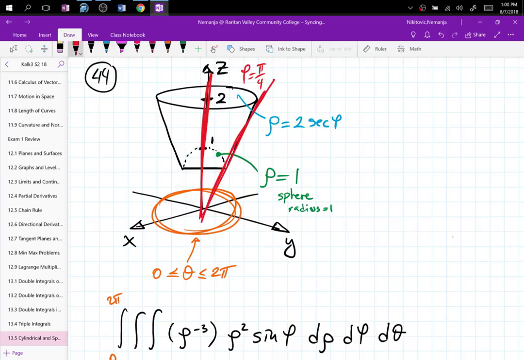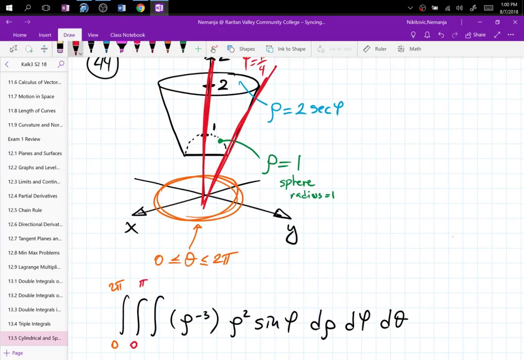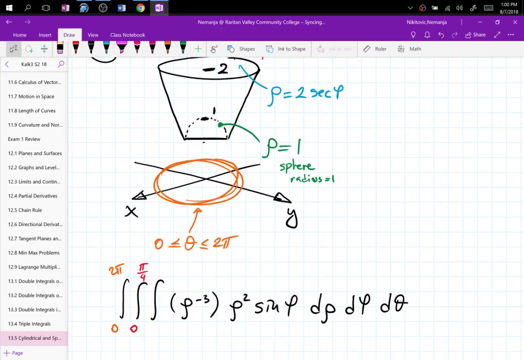Right, so those are the red lines. So 0 to pi over 4 on phi, that creates the cone. And now I need to have the sphere on the bottom, so that's 1. And I need to have my flat surface on top, which is 2 secant phi on top.